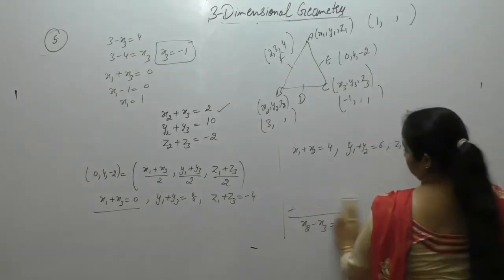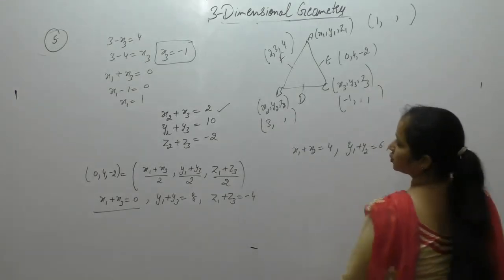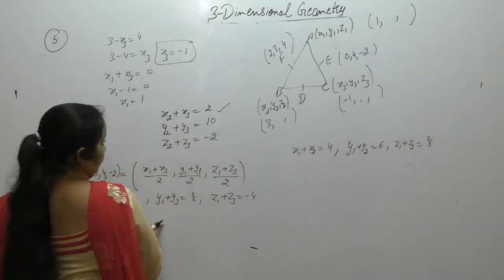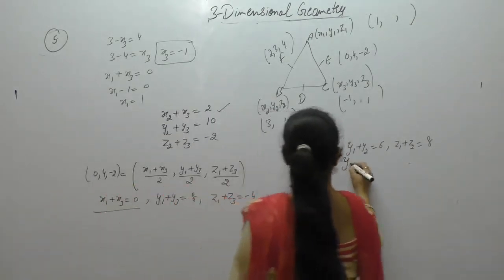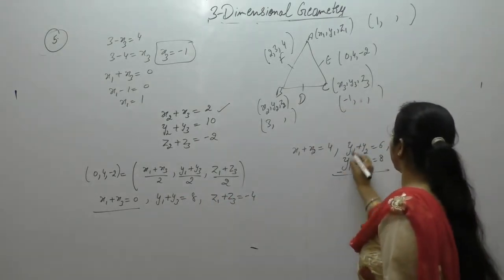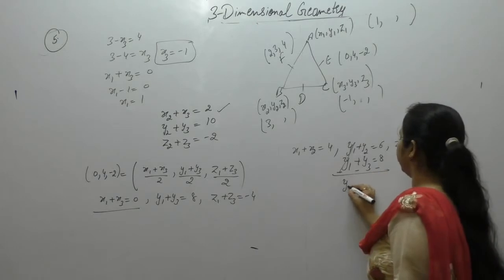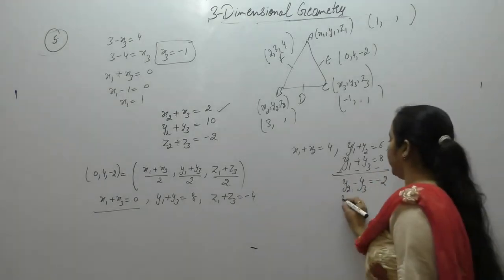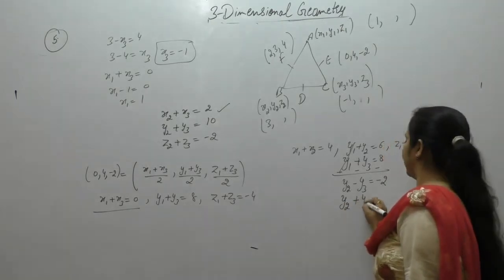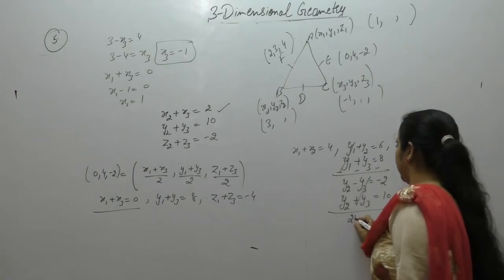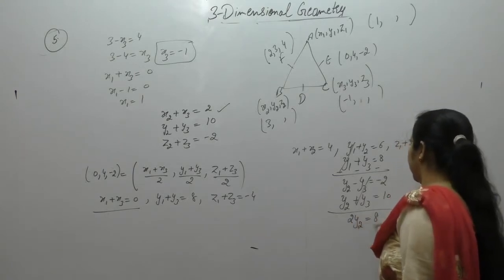Now solve other equations to find the value of y1, y2, y3. y1 plus y3 is 8, y1 plus y2 is 6. Subtract these equations. y2 minus y3, 6 minus 8, minus 2. Now we have y2 plus y3 is equal to 10. y3 will get cancelled. 2y2, 10 minus 2 is 8.